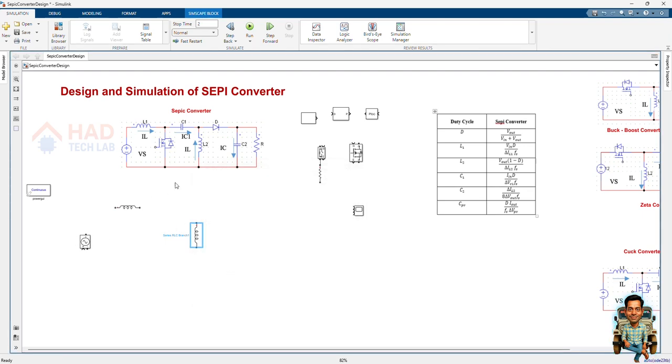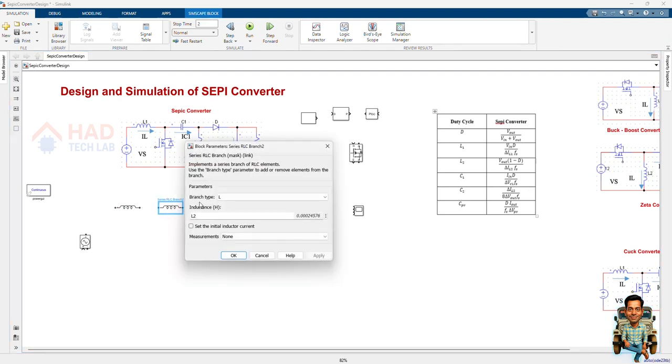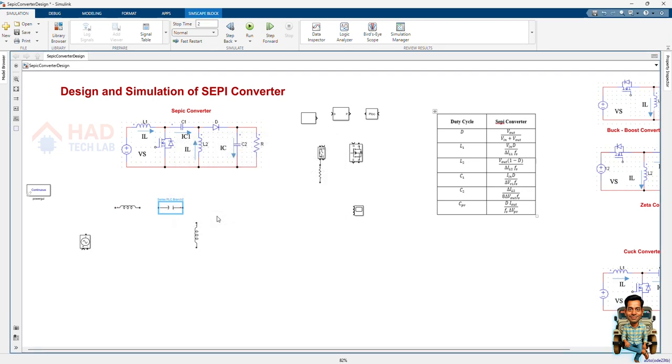Then place the capacitance, and connect the capacitance in series with L1. So this is C1. Then C2 is parallel to the resistive load.